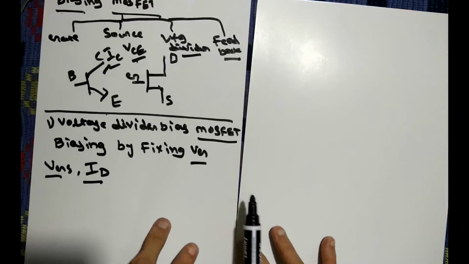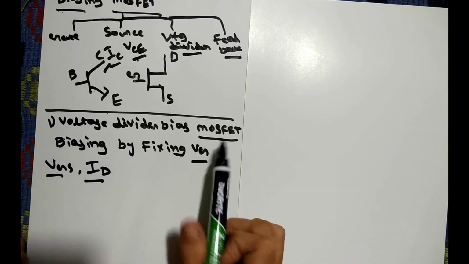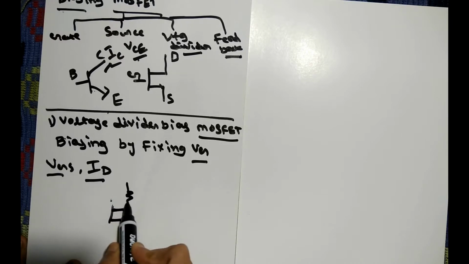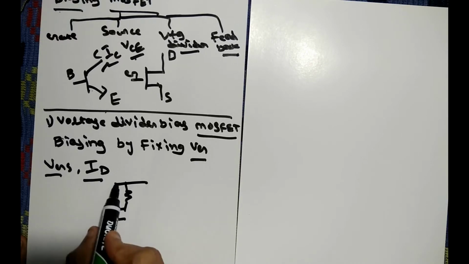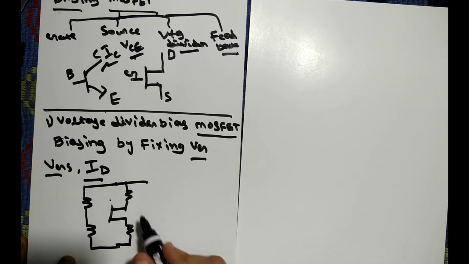For that we use a technique similar to the voltage divider bias technique in the transistor. If you take that circuit, first you write the MOSFET. Then we have a resistance RD, and the voltage divider bias on the input side, and we have the source resistance, connected like this.